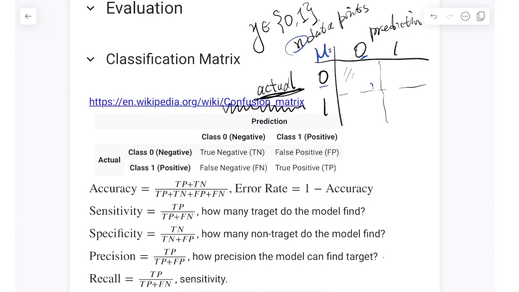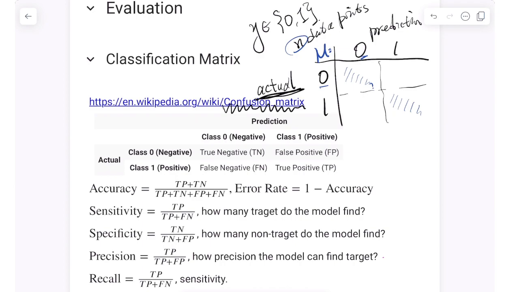So there will be something right here. Out of n data points, there will be some data points whose actual y value, target value, is 0 and your prediction is 0. So that means you made a right prediction, right? The other part is right here. That means the actual value is y equals 1 and the prediction is still 1. So that is also a right prediction.